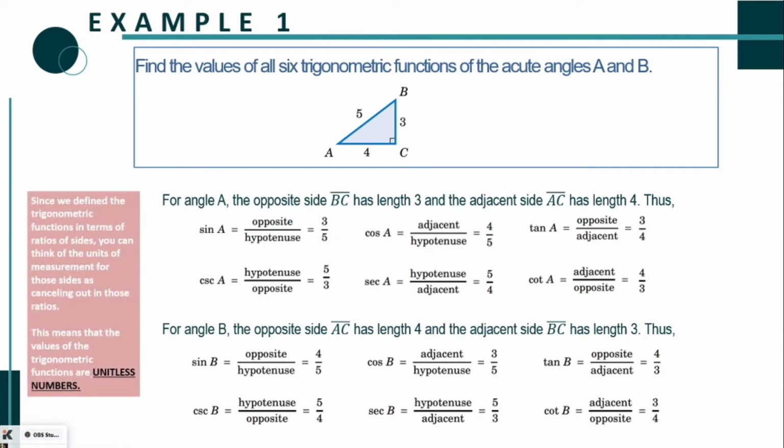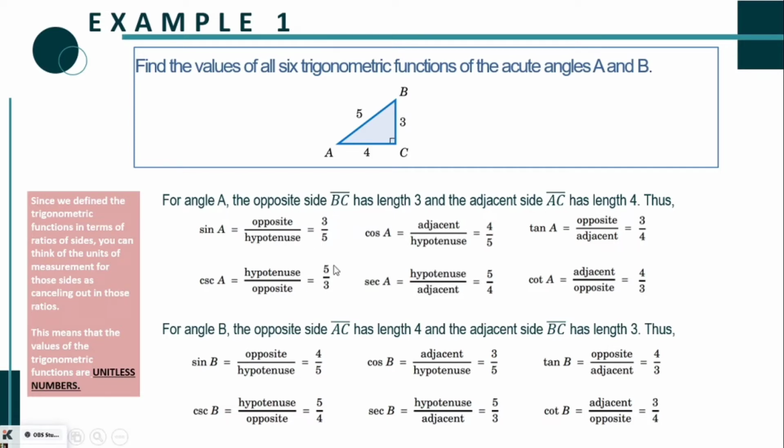So since we defined the trigonometric functions in terms of ratios of sides, you can think of the units of measurement for those sides as canceling out in those ratios. So this means that the values of trigonometric functions are unitless numbers.